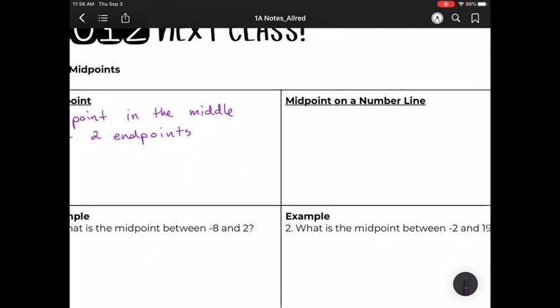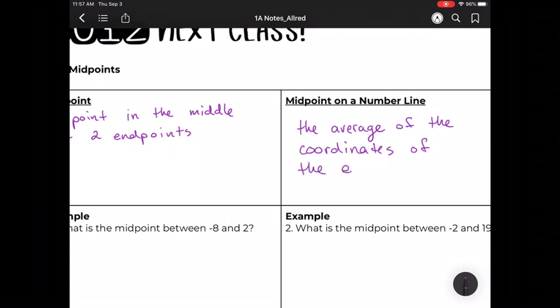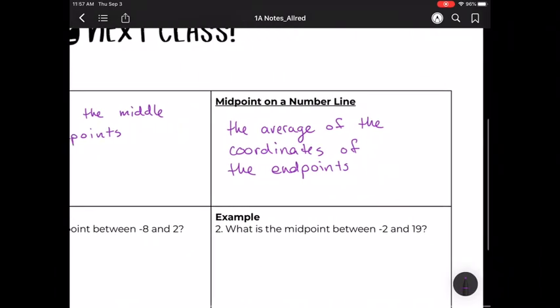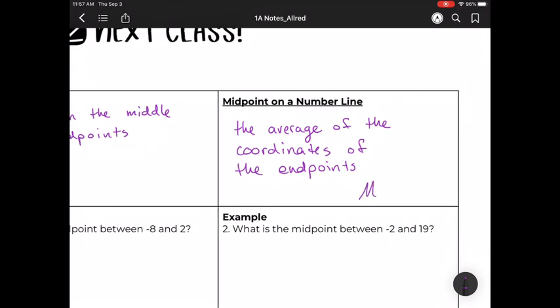And so on a number line, the midpoint value is the average of the coordinates of those endpoints. So midpoint would equal x1 plus x2 divided by 2.